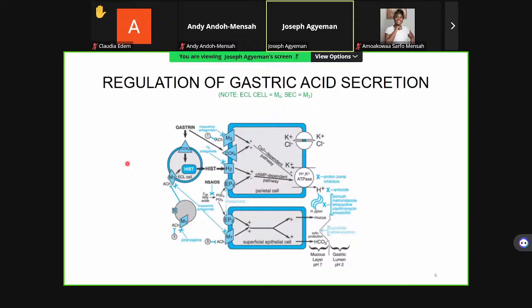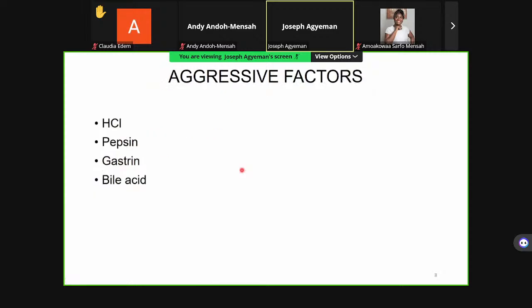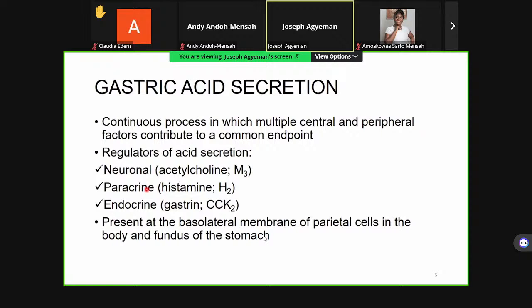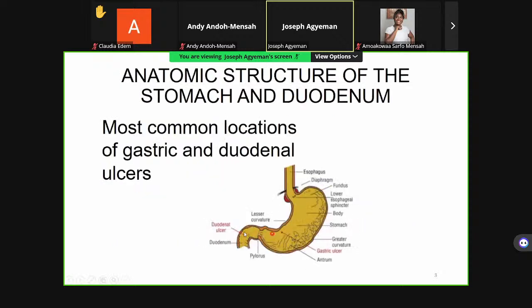So this is the direct acid secretion, and when it passes through the histaminic pathway, it will give you the input, serving as part of the aggressive factors. Also in cases where your pyloric sphincter, remember the pyloric sphincter over here, controls inflow and outflow of substances into the stomach.